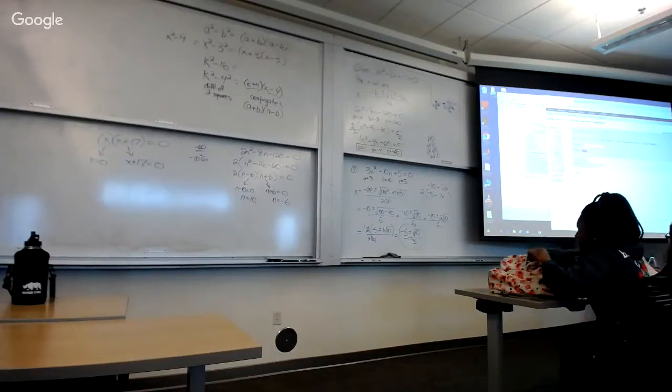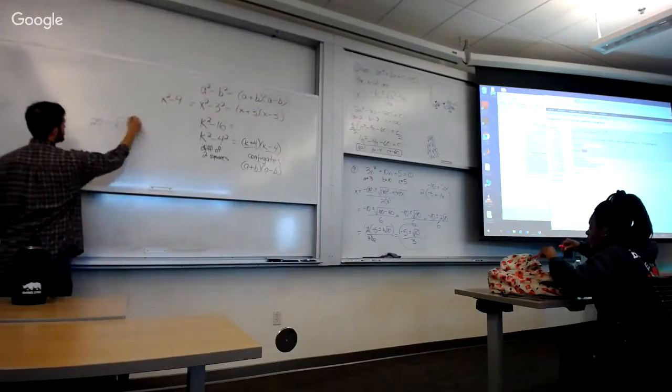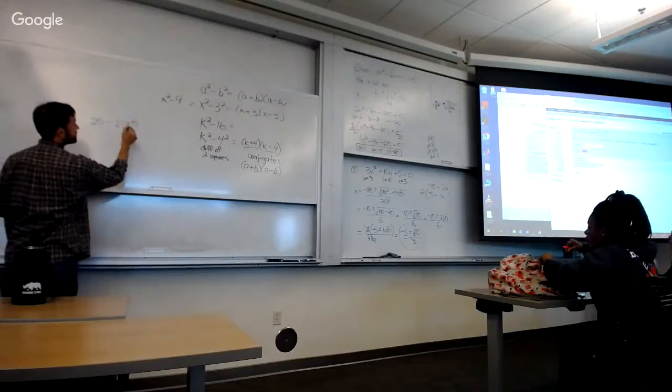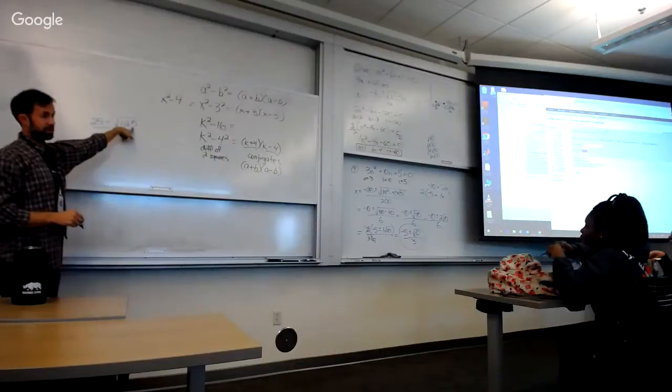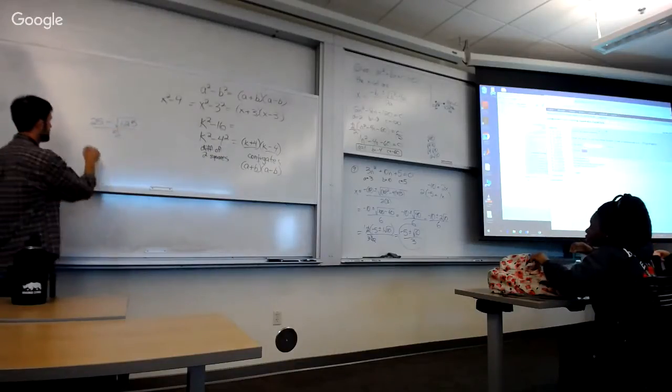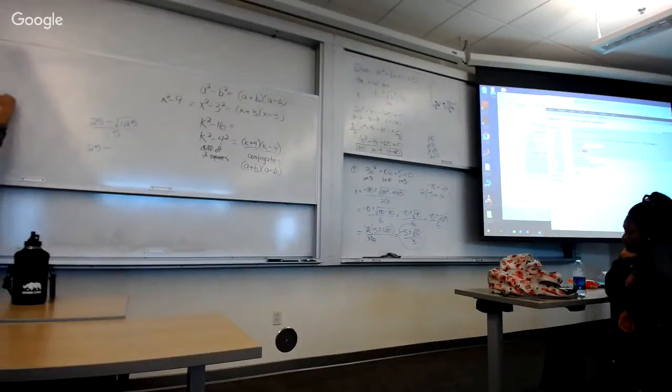Notice there are a couple problems where they give you a root expression and they want you to simplify it like we just did. Let me show you that one. They have 25 minus root 125, all over 5. What square number goes into 125? 25. Some scratch work: 125 is really 25 times 5, which is root 25 times root 5, which is 5 root 5.